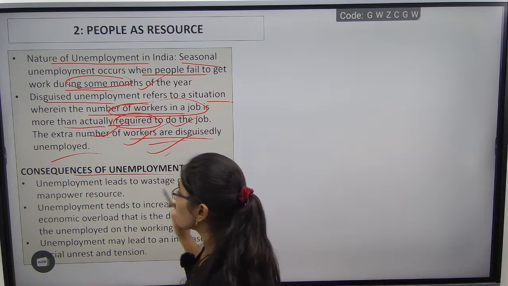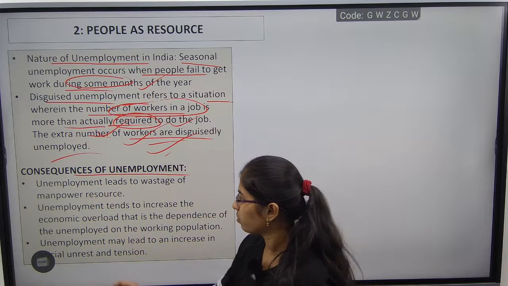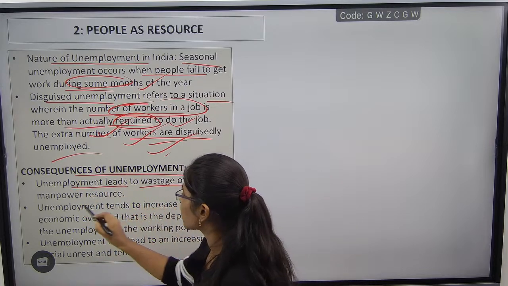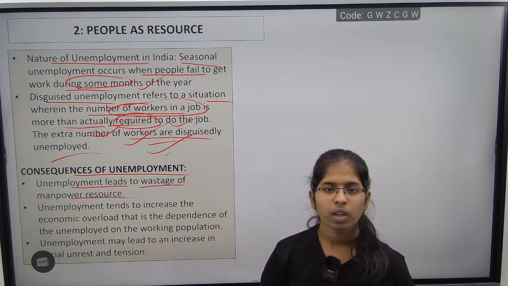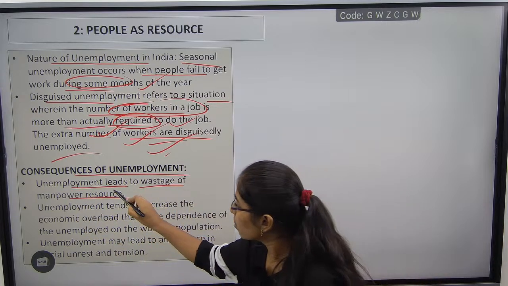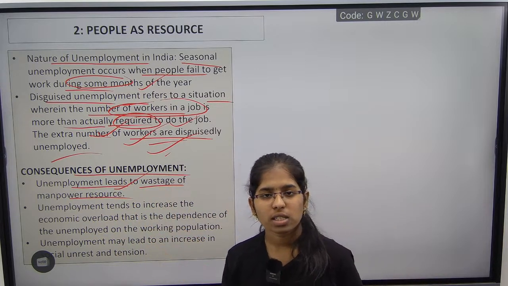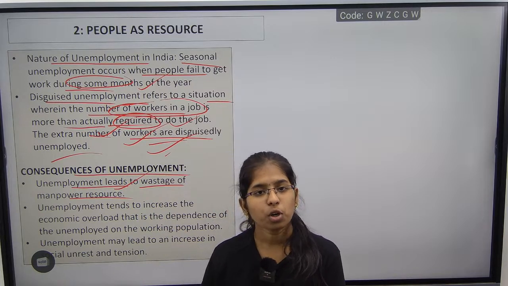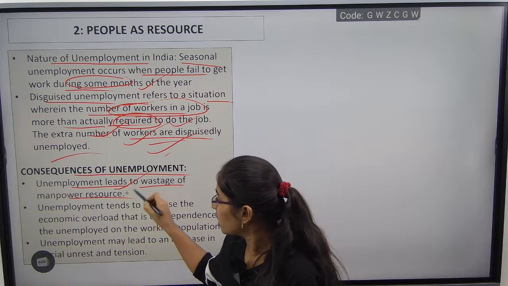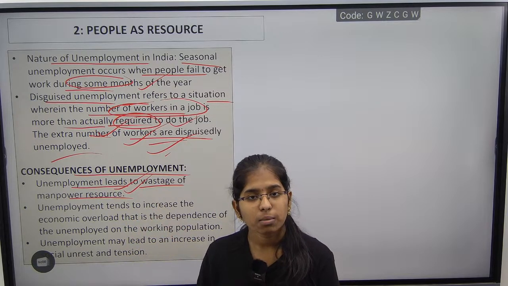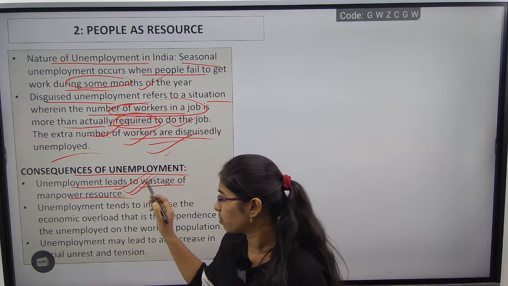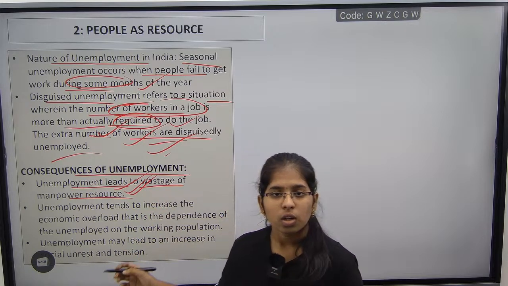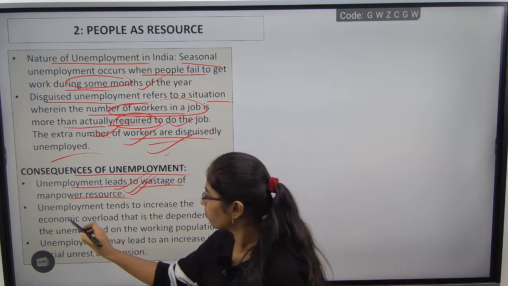Next, what is the consequence of this unemployment? Unemployment leads to wastage of manpower resource, because they are in the 15 to 59 age group where their productivity is on the rise. If we are not providing employment opportunities for them, then definitely it leads to wastage of manpower resource.